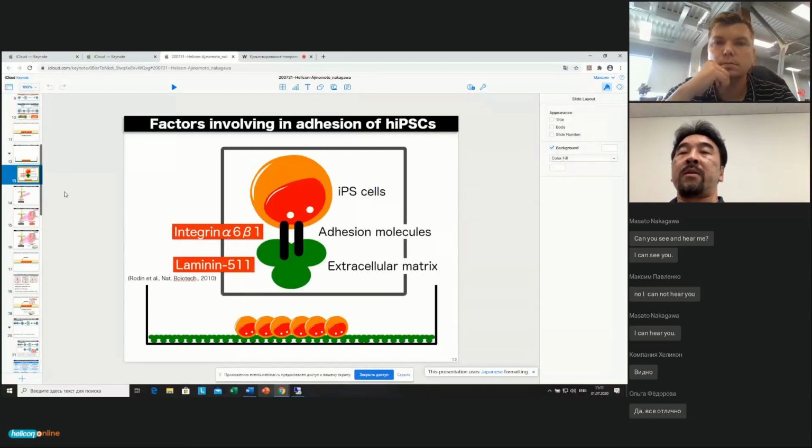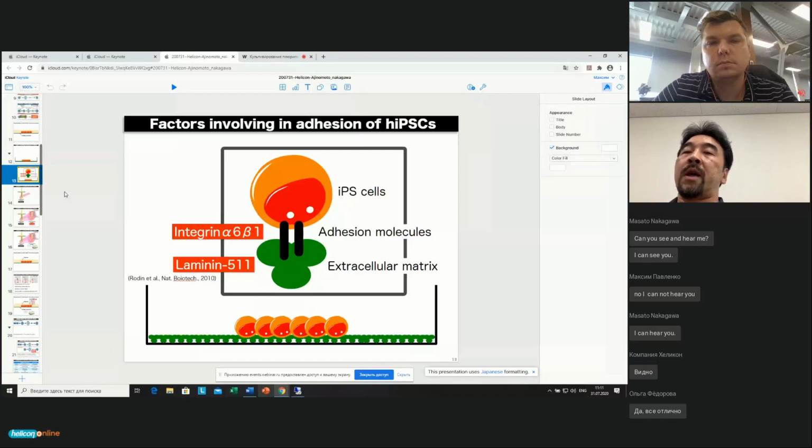A European research group has reported the mechanism of the binding of iPS cells or ES cells to the extracellular matrix. Human pluripotent stem cells express integrin alpha 6 beta 1, an adhesion molecule on the cell surface. This integrin alpha 6 beta 1 can bind to laminin type 511, which is the extracellular matrix.